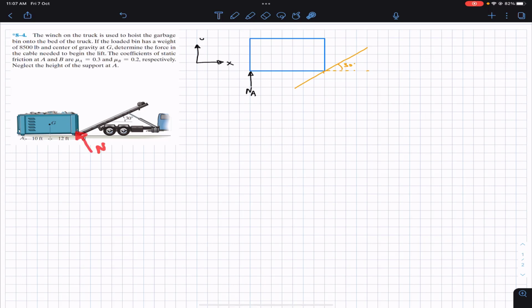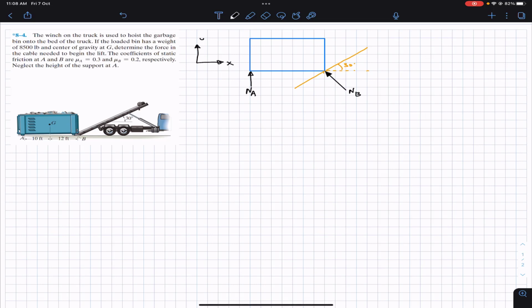Since this point B is lying on this incline, the incline is going to apply the normal force perpendicular to this line. So let's have that NB reaction, which is going to act in this direction. This will be our NB.